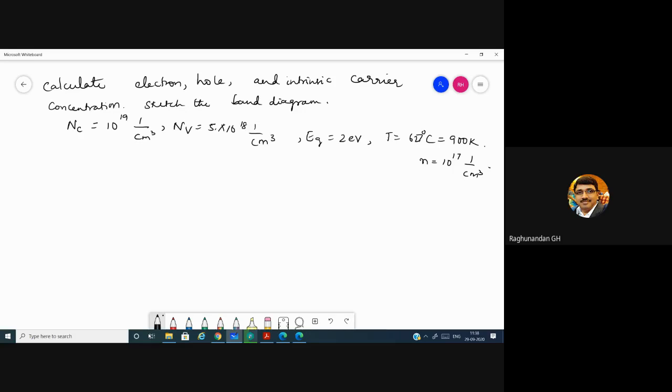This much they have given, and they're asking electron, hole, and intrinsic concentration, which means N, P, and Ni.